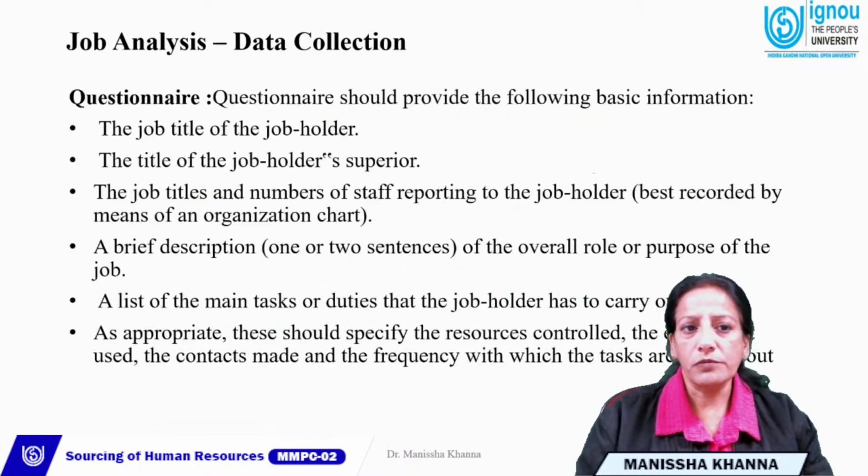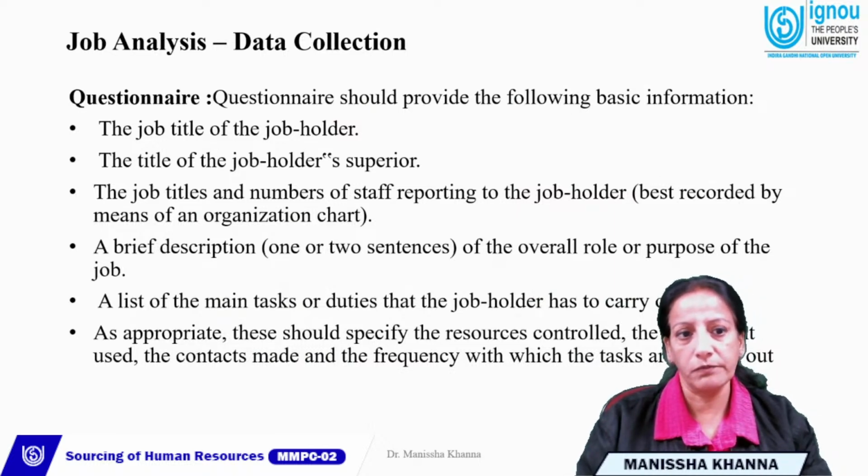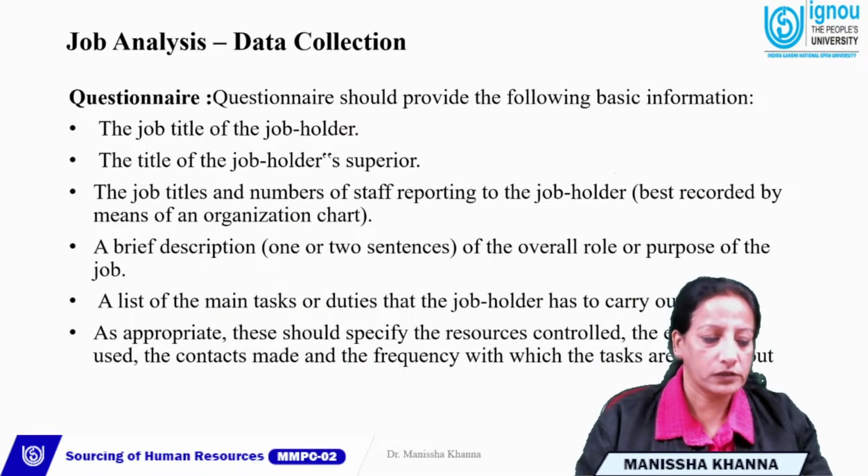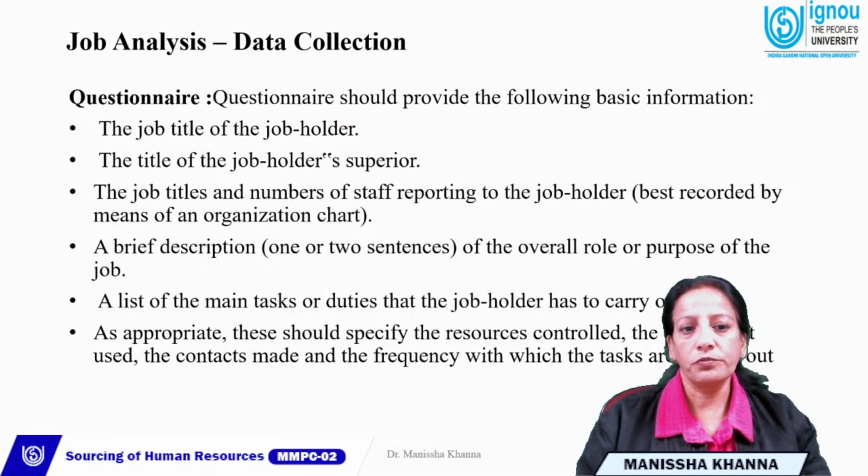So first is job analysis, data collection, and how we can collect the data. First and foremost instrument is the questionnaire. It should provide the basic information of the job title of the job holder, the job holder's superior's title, whom they are reporting to, basically the title, not the name, of that particular person. Then job titles and numbers of staff reporting to them.